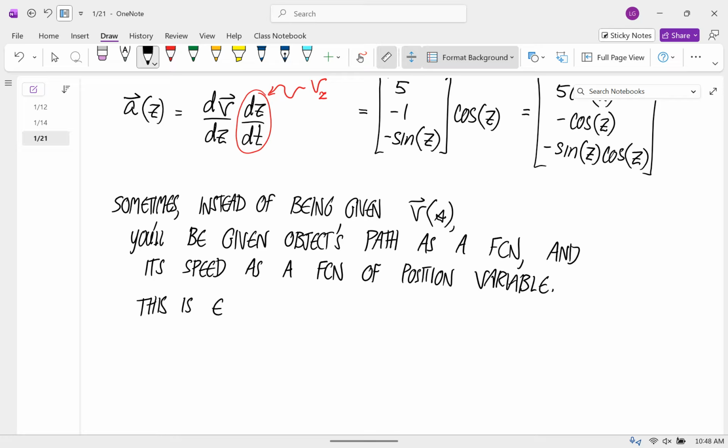This is enough information to find the velocity as a function of s. And then it's just a chain rule problem.